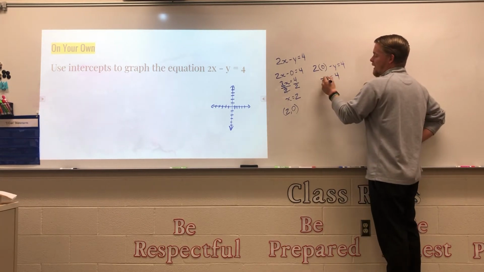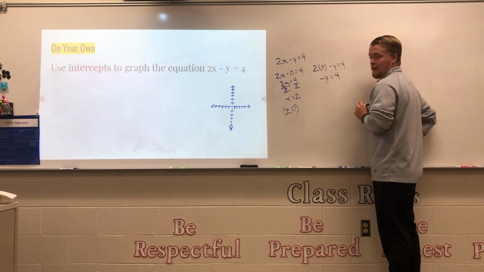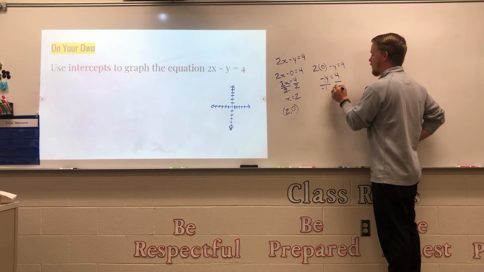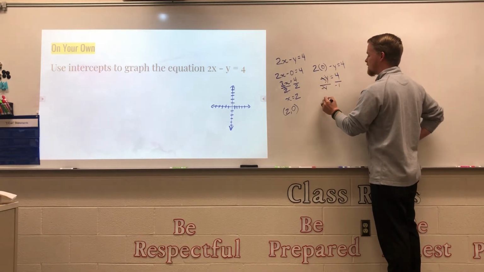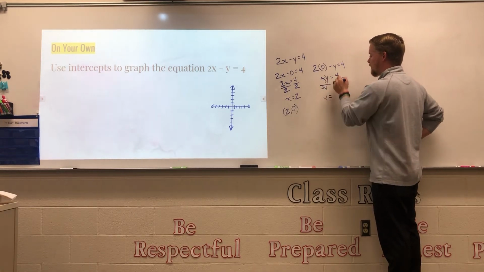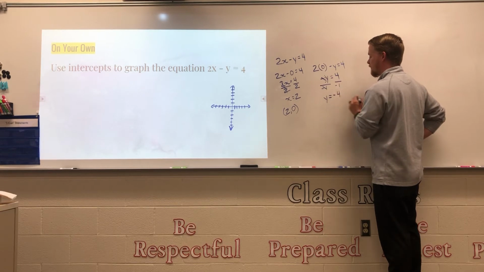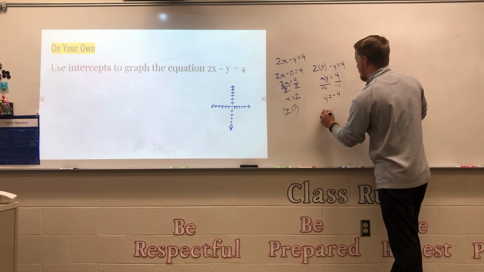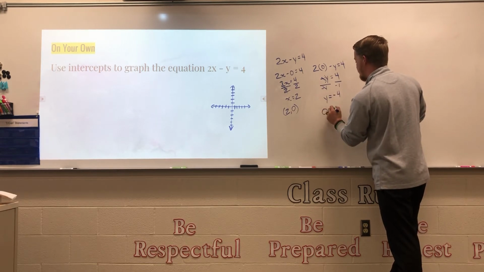And if we have negative y, technically there's an invisible 1 right there. So, to get rid of it, you can divide both sides by negative 1. Then they'll cancel, and y will equal 4 divided by negative 1, which is negative 4. So your y-intercept would be (0, negative 4), because 0 is your x value and negative 4 is your y value.